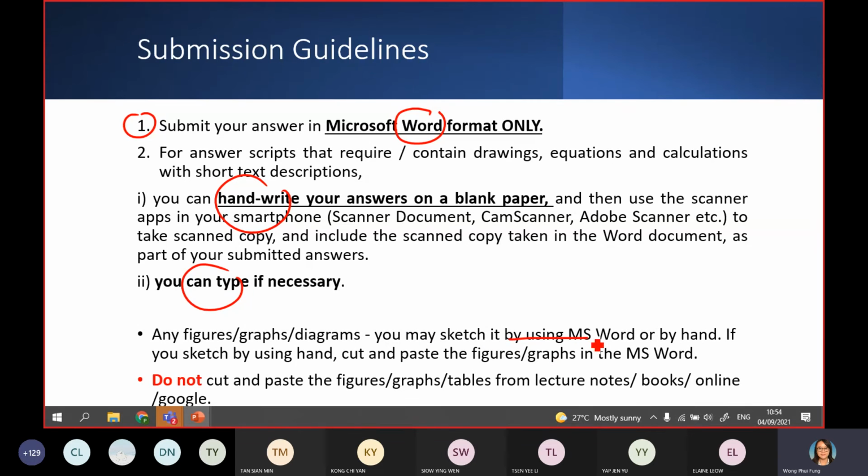Please make sure you sketch it either by MS Word or by your own hand. Okay, then you cut and paste the figure in your answer script. Please avoid the habit of cutting and pasting the figure, table, and the graph from the lecture slide and also from Google. Try to avoid. And some more, I already told you, table, no marks. Don't waste your effort.